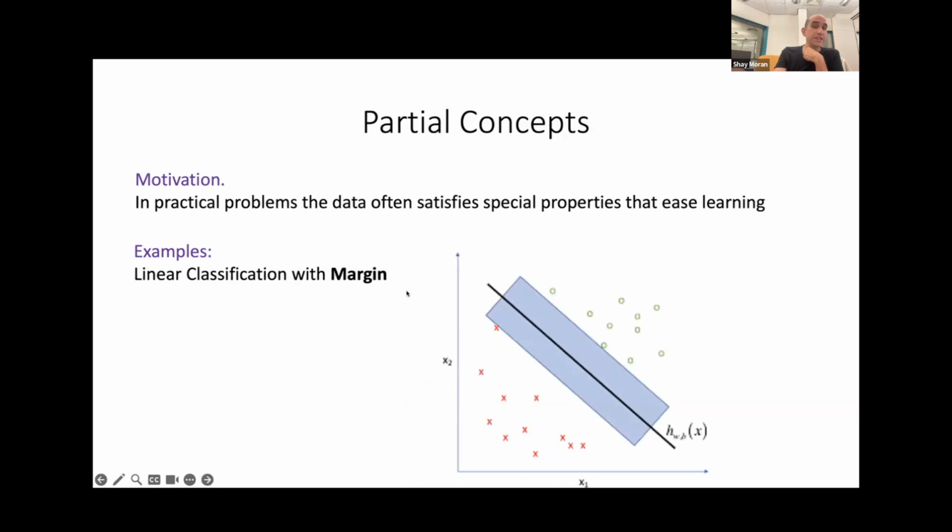Another example is the margin, which we discussed also earlier, right? Maybe the data is in very high dimension, but we have a very good separation with a large margin between the zero labeled and the one labeled examples.